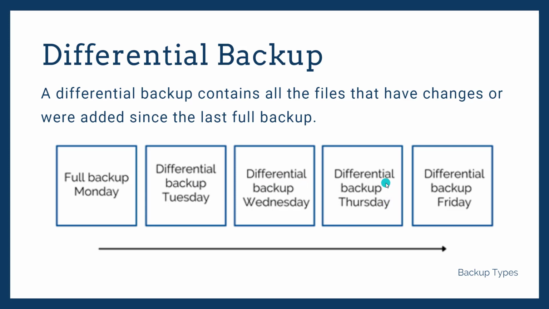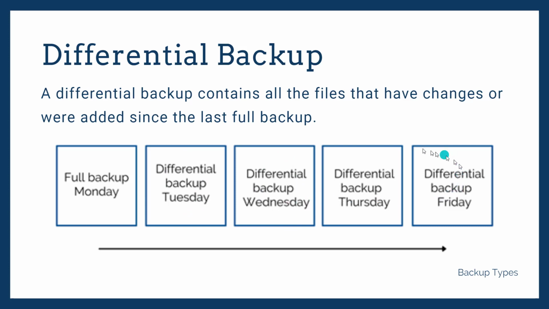On Thursday, you're going to do another backup using a differential type, and that backup is going to contain everything that has changed or was added since Monday, which includes everything in the differential backup on Tuesday and everything in the differential backup on Wednesday. Friday, the same thing.